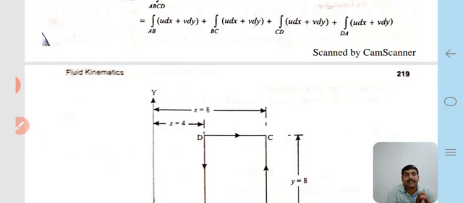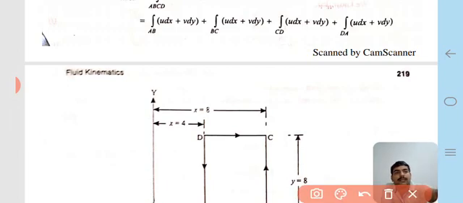We write the above equation in that form: the integral of AB of u dx plus v dy, plus the integral of BC of u dx plus v dy, plus the integral of CD of u dx plus v dy, plus the integral of DA of u dx plus v dy.